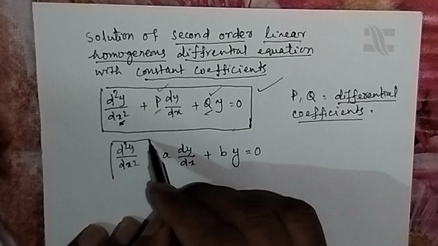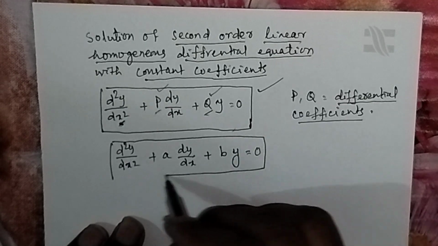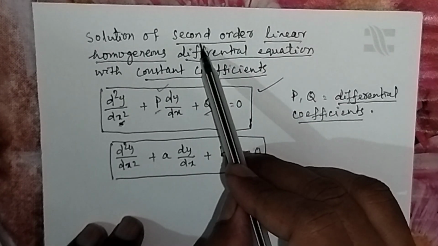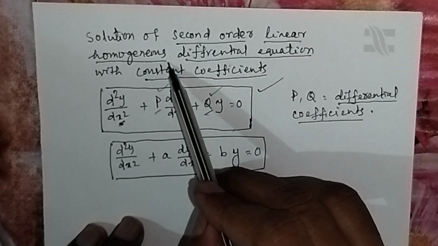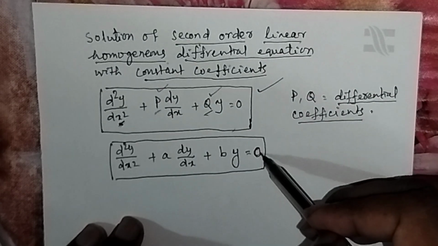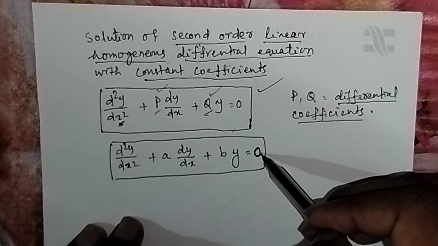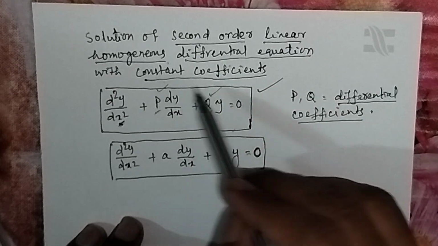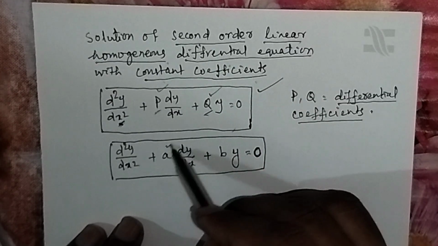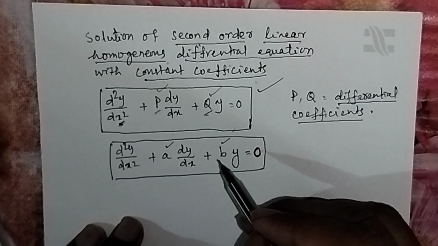So this is your differential equation: second order linear homogeneous because the RHS is equal to 0, with constant coefficients because a and b are constants.